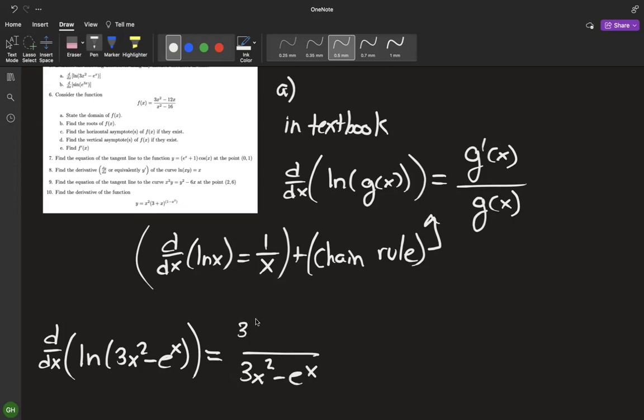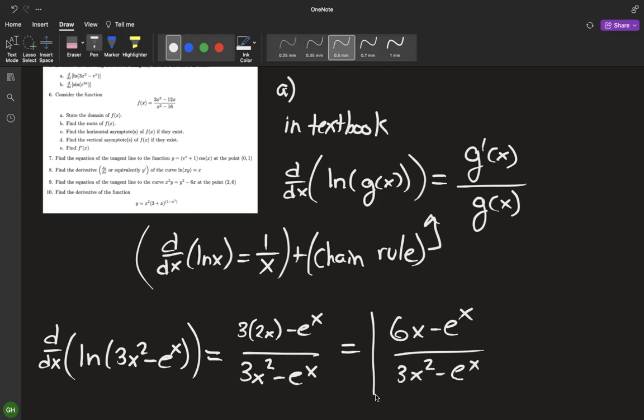So 3 times 2x minus e to the x. So 6x minus e to the x over 3x squared minus e to the x. Whether you do that as the derivative of natural log is 1 over x and then the chain rule, or you just memorize this formula, it gets you full credit either way. Doesn't matter.